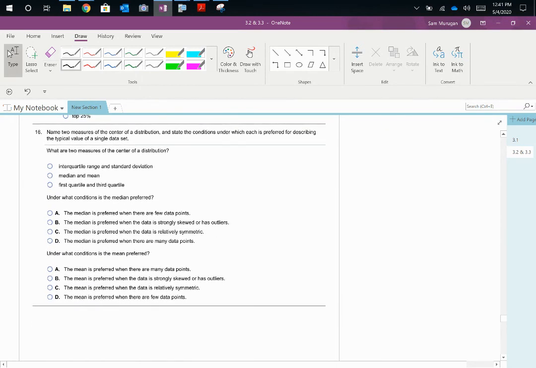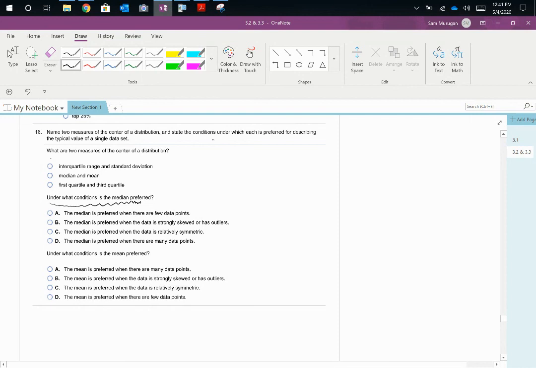What about question 16? Maybe I can try to help you with question 16 here. Question 16, name the 2 typical measures of a center of distribution and under which conditions each is preferred. So, under what conditions is the median preferred?